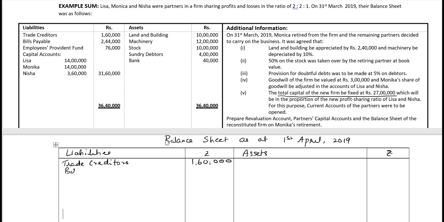Bills payable, again no change in value, 2,44,000 rupees. Employees Provident Fund, no change in value, 76,000 rupees.